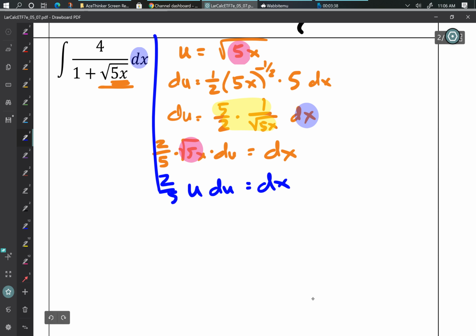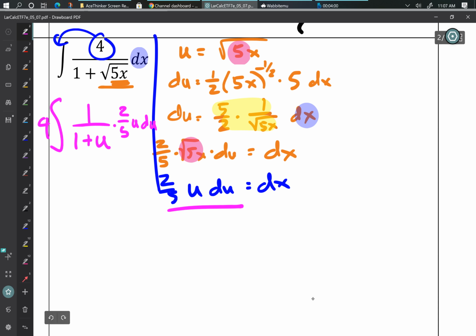So now I'm going to move the 4 out in front. So I've got 4 times the integral. Dx is going to be, let's see, 1 over 1 plus u times dx, which is 2/5 u du. And I kind of ran out of space there. I kind of crammed it in. So let me drag this down and clean it up a little bit.